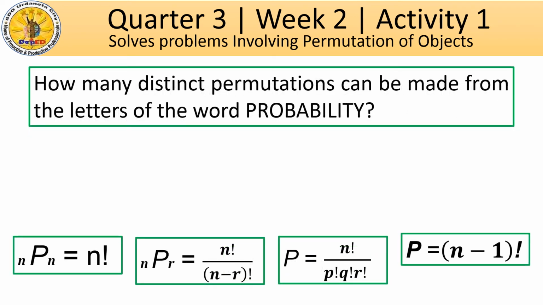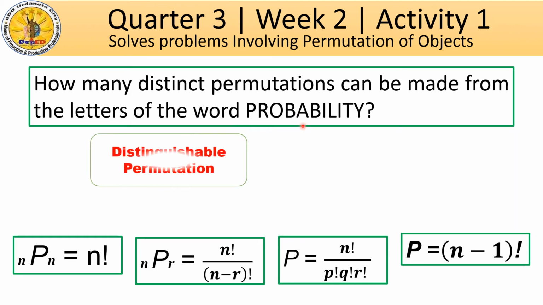Let's have another problem. How many distinct permutations can be made from the letters of the word probability? This problem is an example of distinguishable permutation, where some objects are alike. Or to be more specific, there are letters that are alike.